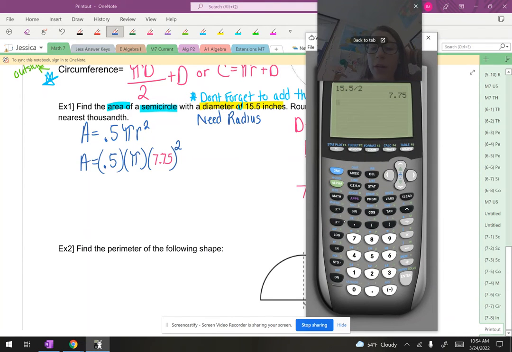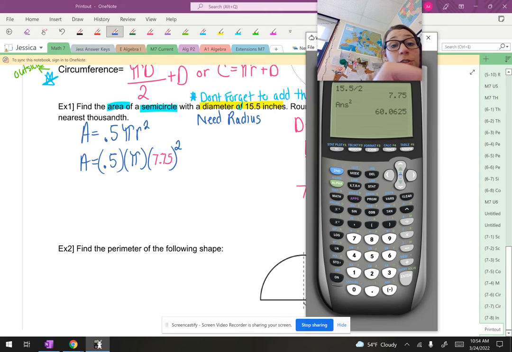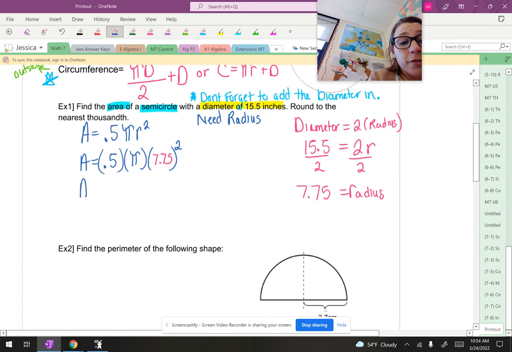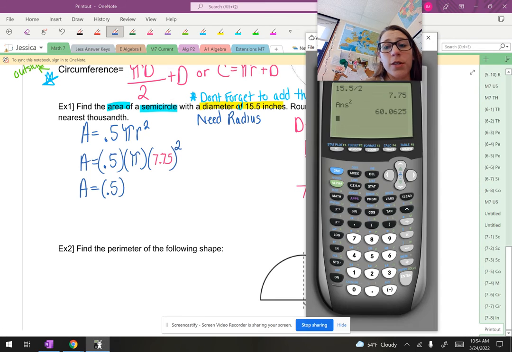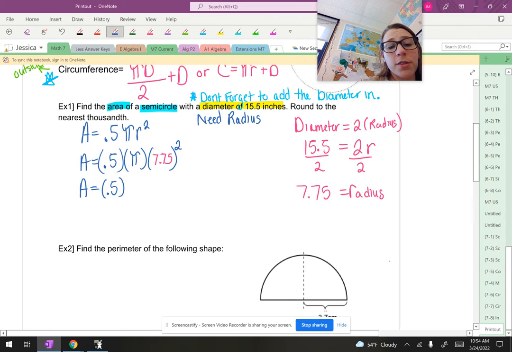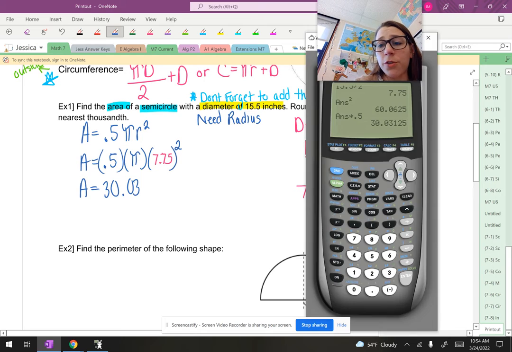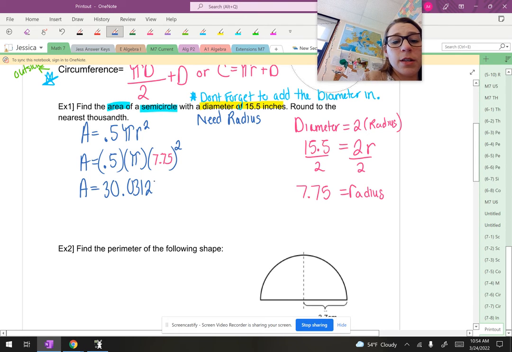And here we can go right into our calculator. Always start with the exponents first. Exponents come first in order of operations. So 0.5, and actually I'm going to do the 0.5 times the radius squared right away to get 30.125. 30.125 pi.